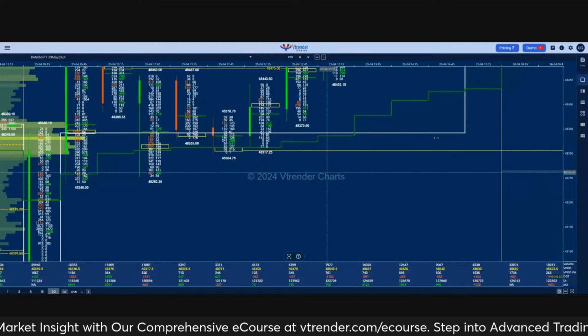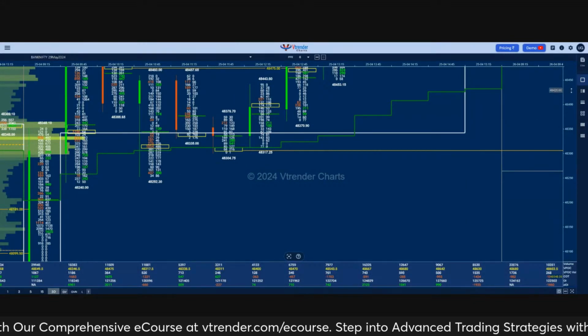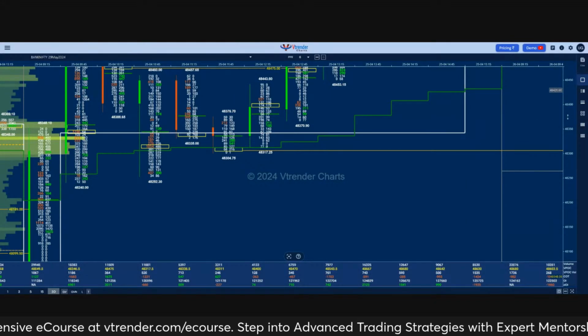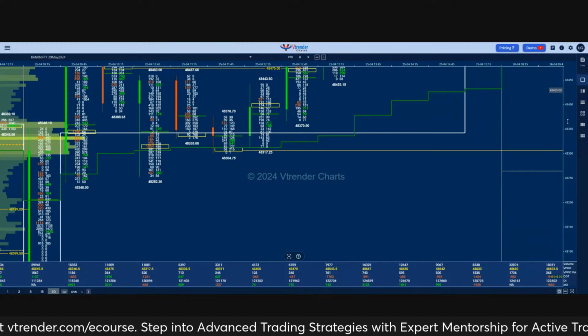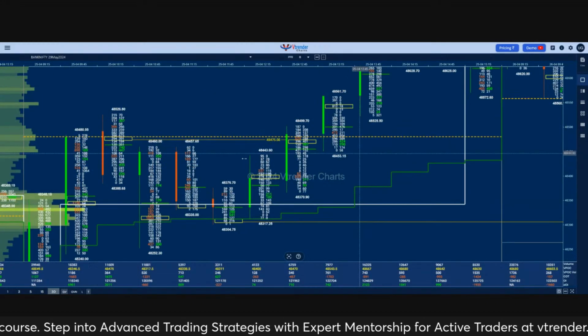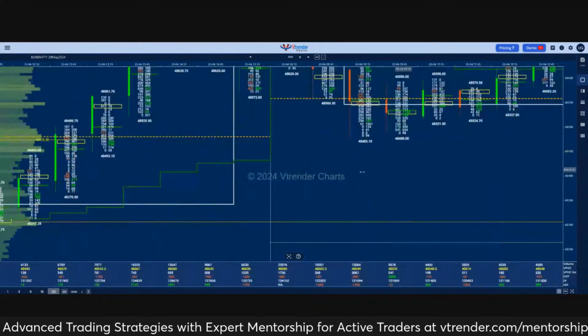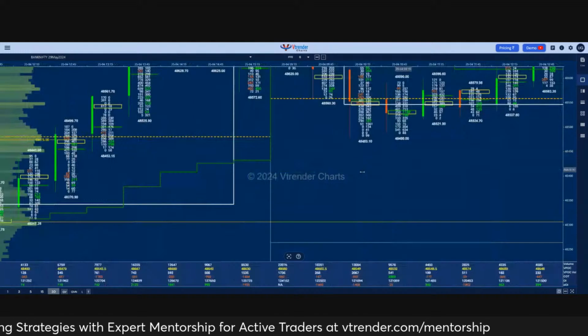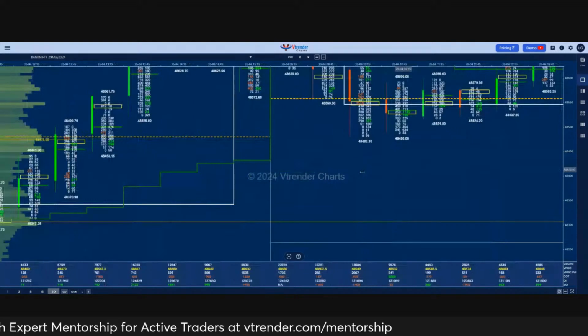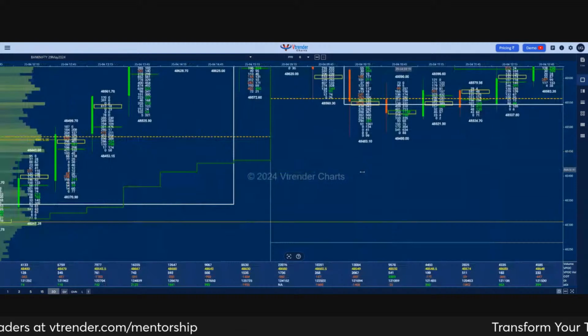So after this, we were bullish, and although we saw an up move, we then saw profit booking coming in on Friday after we made these new highs.